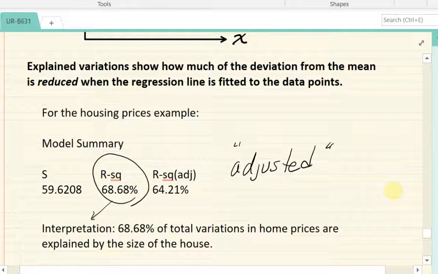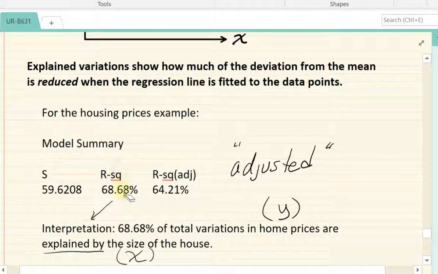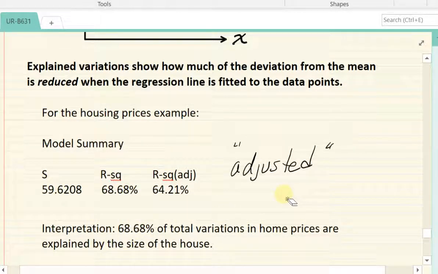R is not. 68%, almost call it 70%. 70% of the total variation in home prices, that's in Y, the dependent variable, is explained by X, the size. So in other words, 70% of the reason why the homes are different in that location. Why are their prices so different? Well, 70% of the reason is the size of the house.